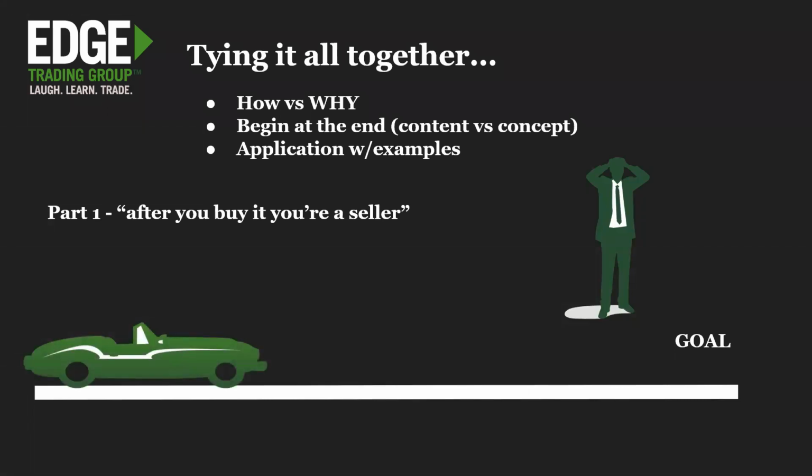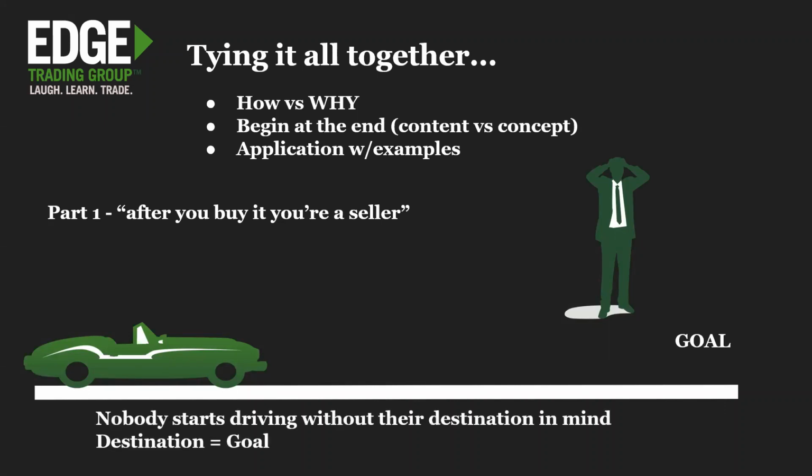Anytime you get in the car to go somewhere, you know where you're going, don't you? And a lot of people don't have the goal, or if they do, it's the improper goal. We covered that yesterday. So it's really important. The destination equals the goal. And a lot of people, when they just get into a little bit of education, it doesn't have to be the whole education of trading and everything else, but just a little concept, maybe how to read, let's say order flow, that's too general.